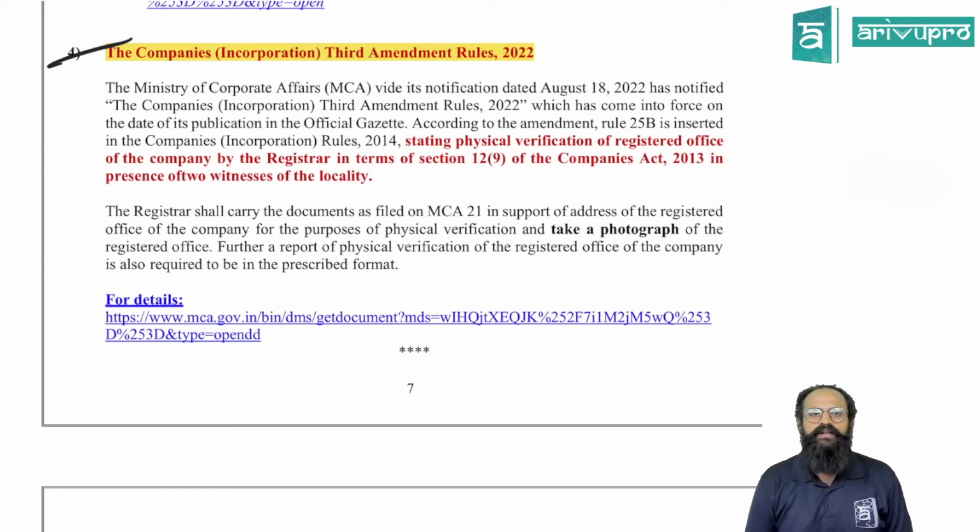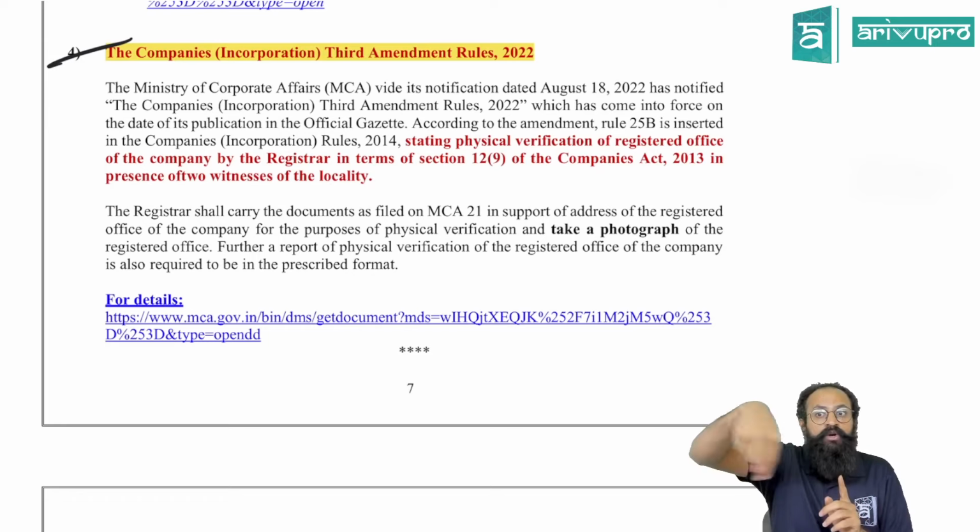Very simple. When ROC conducts a physical verification there, he will prepare documents stating that I have come and checked this company's location, and the company is not conducting any business here. On those documents, he will take signatures from 2 witnesses from that locality.